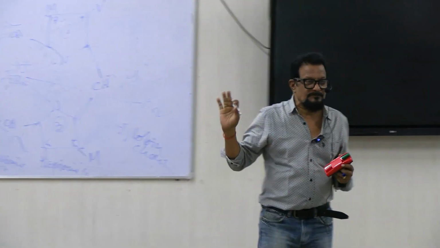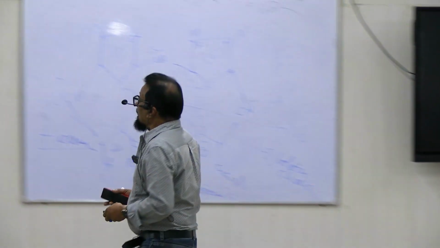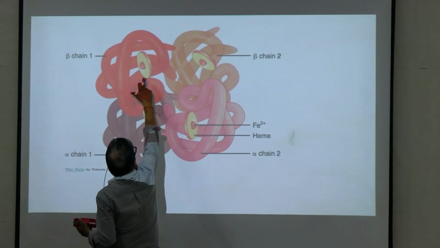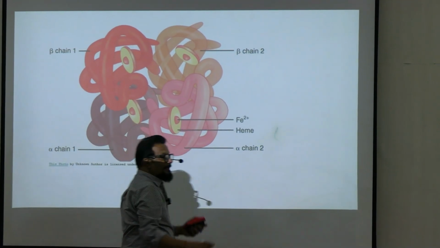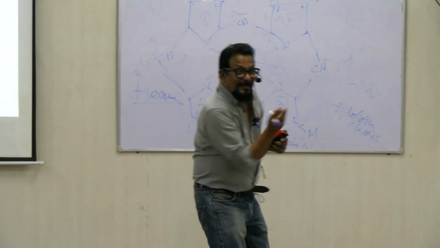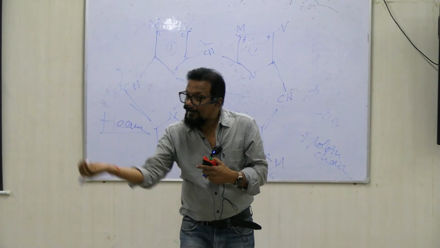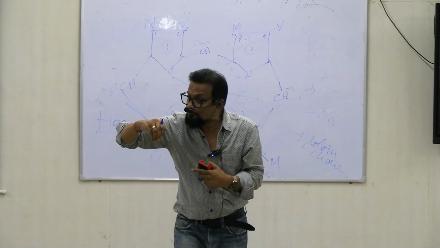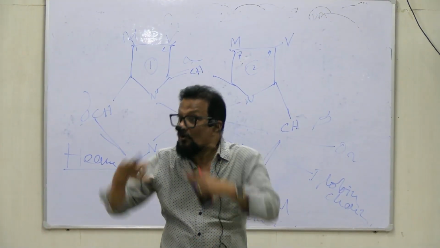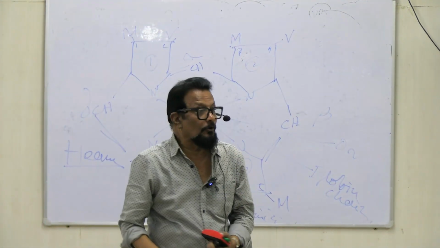So now you got the idea of the structure? See, this is the heme and how the globin chains remain around it. Only one heme remains exposed. When an oxygen molecule binds with that one, immediately there is a change in the conformation, the shape of the hemoglobin molecule.